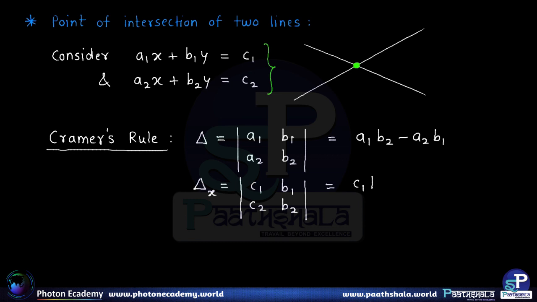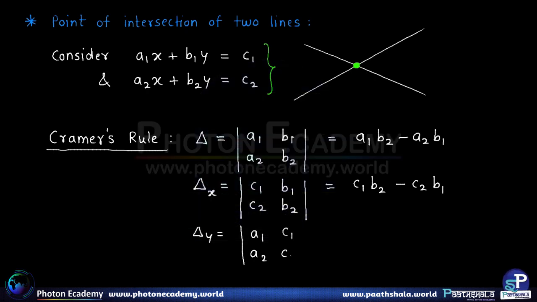So here we get the expansion as c1 b2 minus c2 b1. Similarly we get delta y by keeping the first column the same as the coefficients of x, but now the second column gets replaced with the constant terms c1 c2, and hence this evaluation is a1 c2 minus a2 c1.